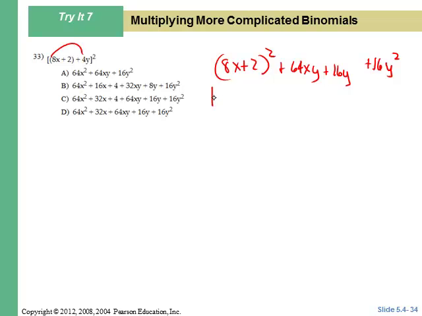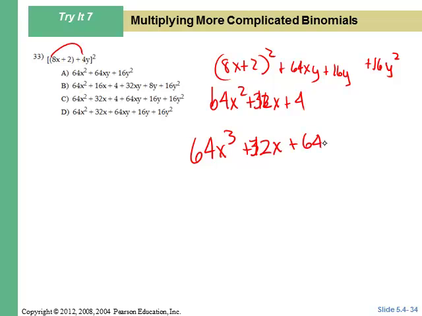We get 64x squared plus 32x plus 4. So our answer is 64x squared plus 32x plus 64xy plus 16y plus 16y squared plus 4.